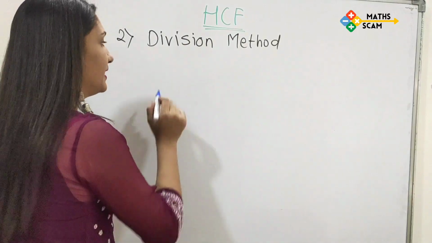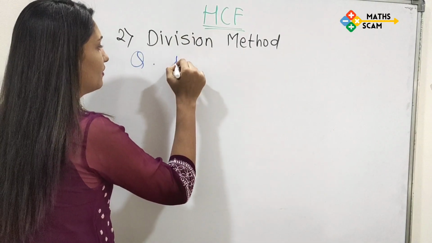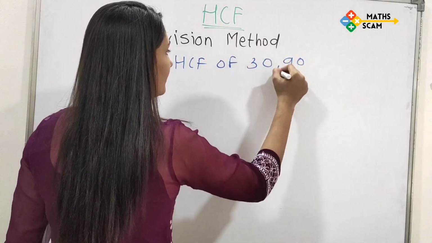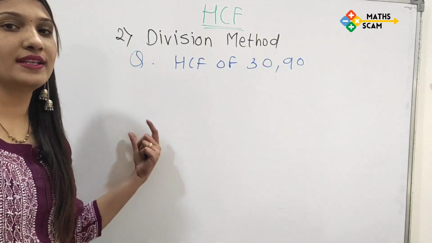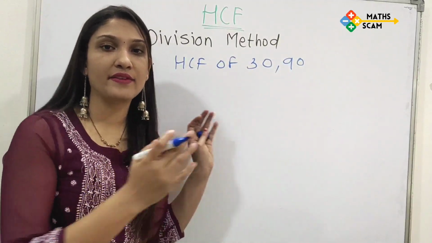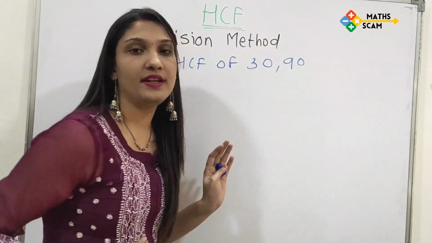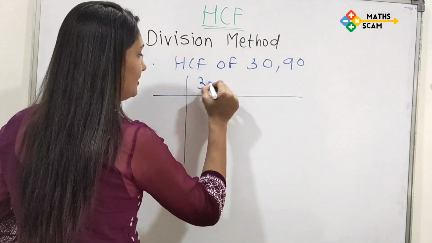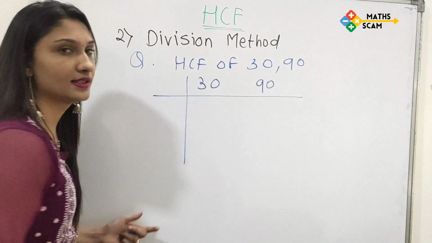For example, find the HCF of 30 and 90. In the prime factorization we found factors separately, but in the division method we will find it in a single diagram.